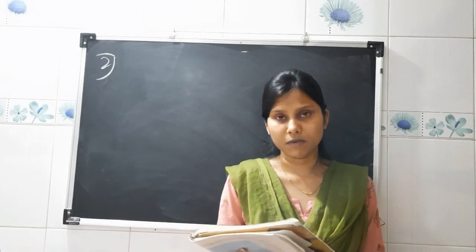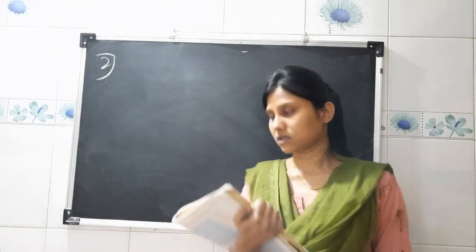Okay, what they have given: the side of a square plot is 30 meters. Square plot means we have to first find the perimeter of a square. They have given you the side of a square plot as 30 meters.